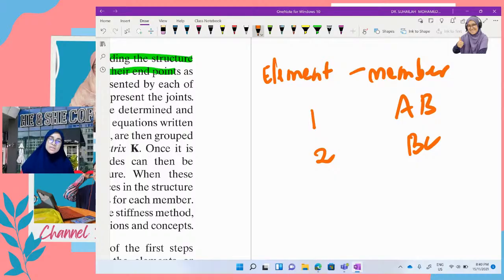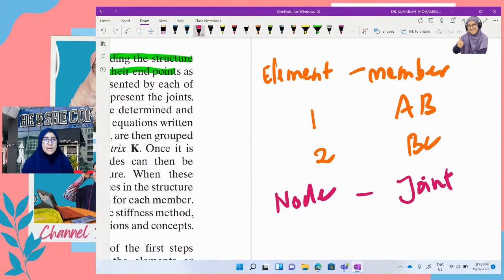We may have structures with 1,000 nodes or 1,000 elements. So we cannot call them ABC because ABC has limitation. So in stiffness matrix, we have to use numbering to represent elements and also to represent nodes. Another thing is node. What is node? Node is actually representing joint.